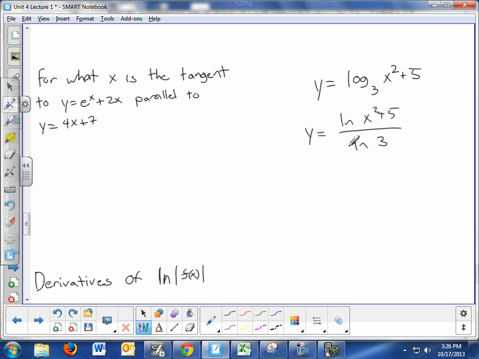We should know that ln of 3 is not a variable. We don't have to use the quotient rule here. It's just a constant. So when I take the derivative, I can just leave it out in front as a constant. Take the derivative of my numerator, and I get that: 1 over my function times the derivative of my function.